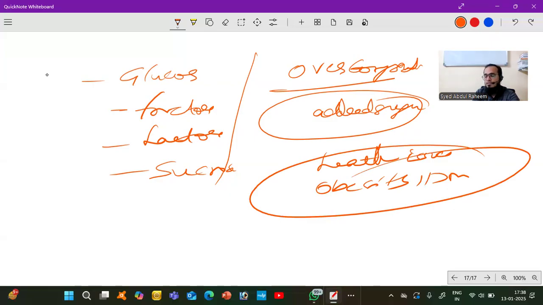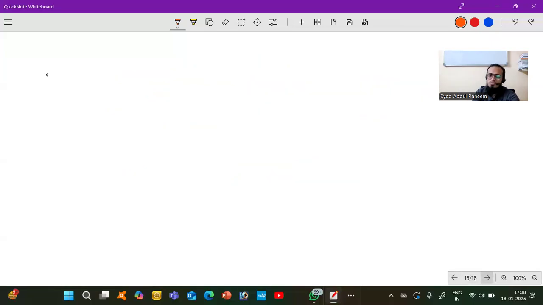So these are the main things we have to avoid about sugars. Simple sugars are easily digestible and we quickly get energy, but long-term overconsumption will definitely damage our health.